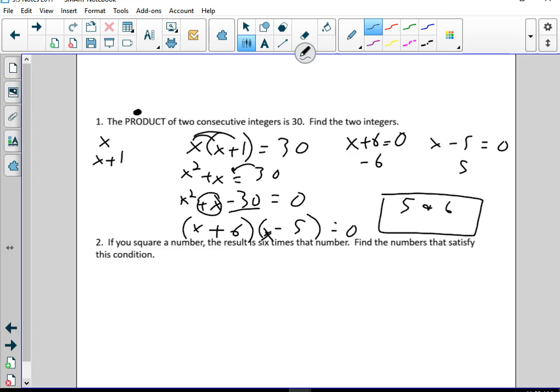We're adding 1 to it. Negative 6 plus 1 is negative 5. And that's the way, if you didn't do the math, you just guessed it, you would have gotten half of it right. Because 5 times 6 is 30, but negative 6 times negative 5 is also 30. So that's why you can't just guess and say, oh, I know the answer. You got to do it algebraically, because there's actually two sets of answers.